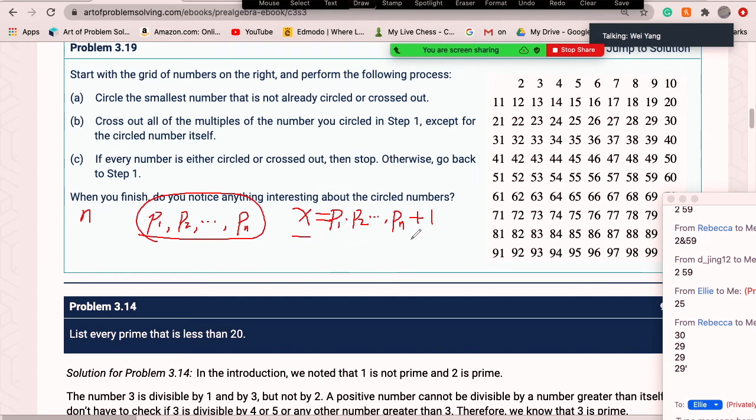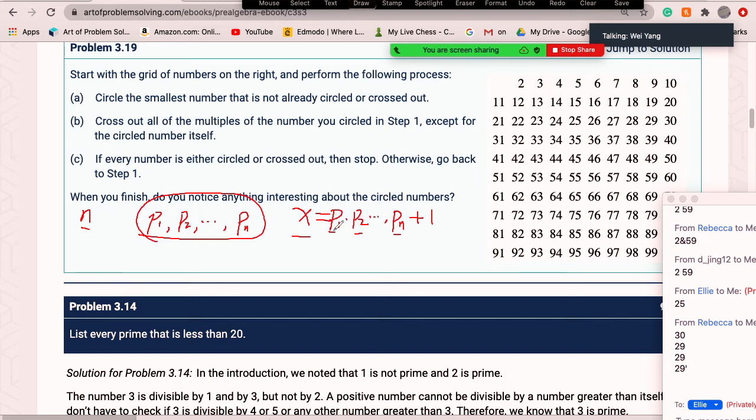Then let's see what happens here. Because we suppose the number of prime numbers is not unlimited, it's only this n, only n prime numbers, p1, p2 to pn.